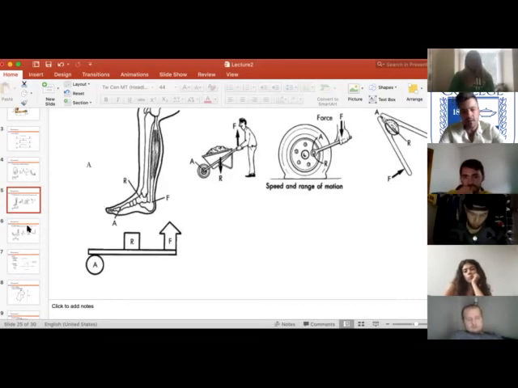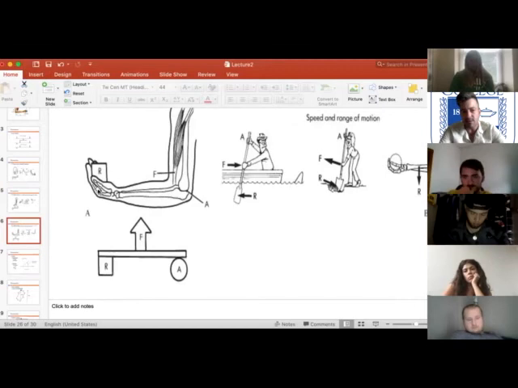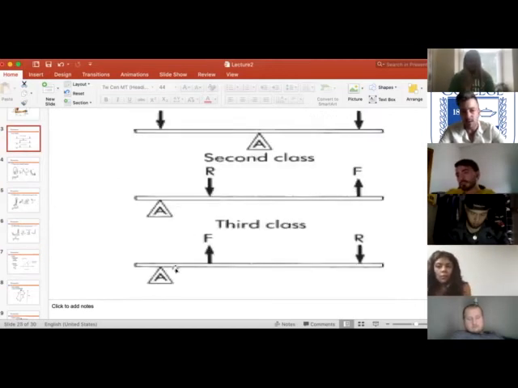All right. Then the last lever system that we have is a third-class lever system. A third-class lever system is when the muscular force is acting at a closer distance to the axis of rotation than the resistance force.